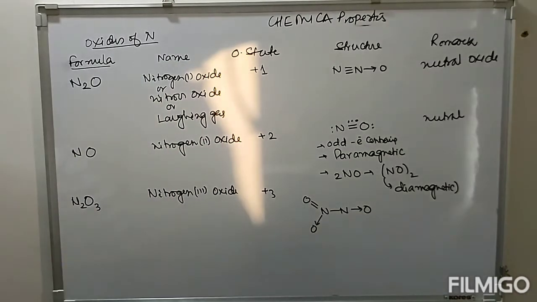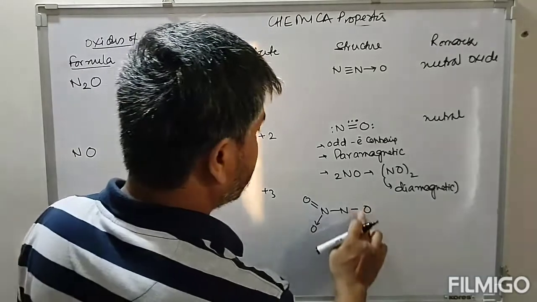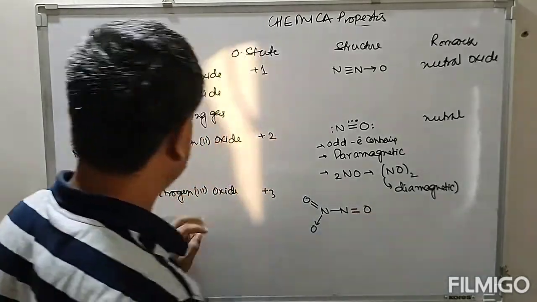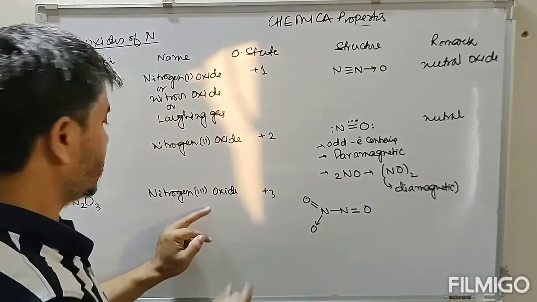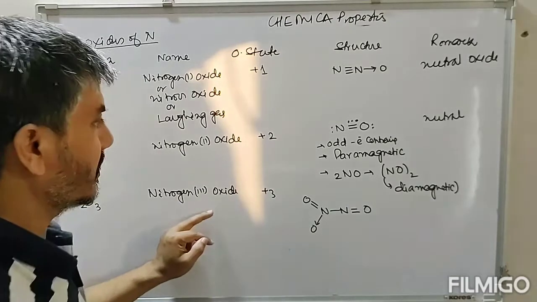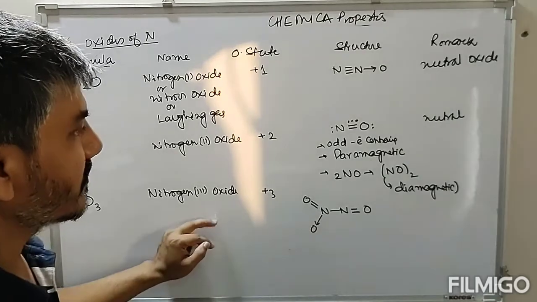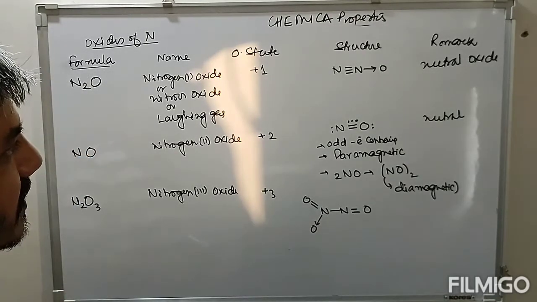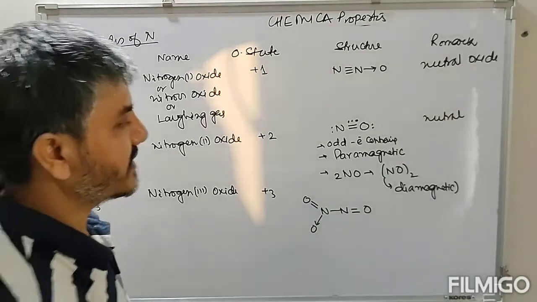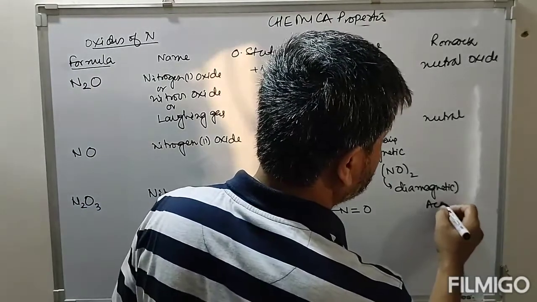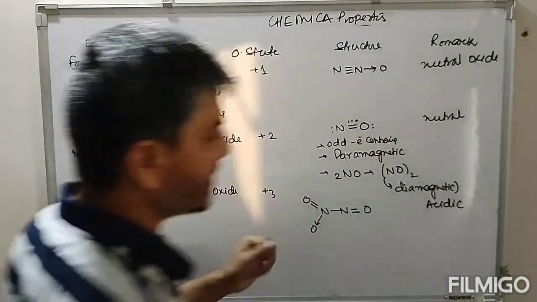This nitrogen trioxide, that is +3, is an acidic oxide.